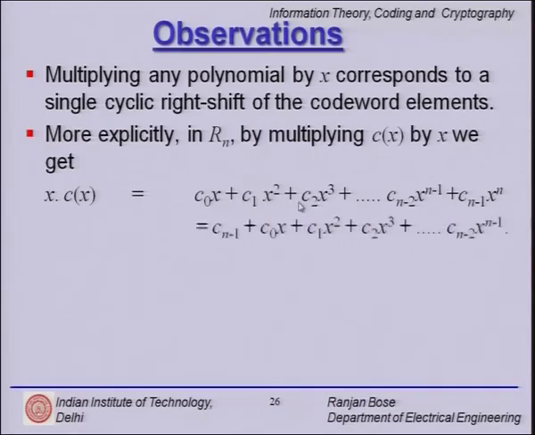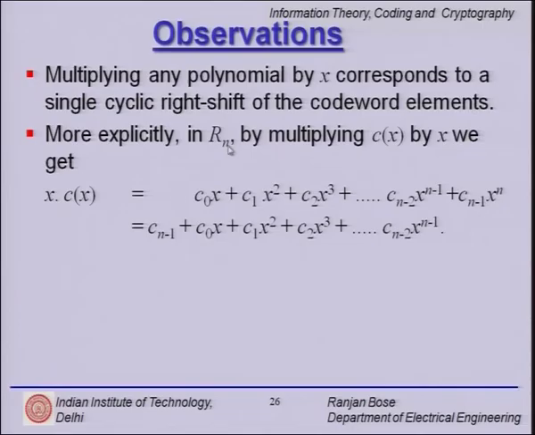So, you just simply shift, and this Rn means take modulo x^n minus 1. The moment you do modulo x^n minus 1, the highest power which became n goes back to the front. So, it is a cyclic shift. This is the property of doing modulo x^n minus 1.